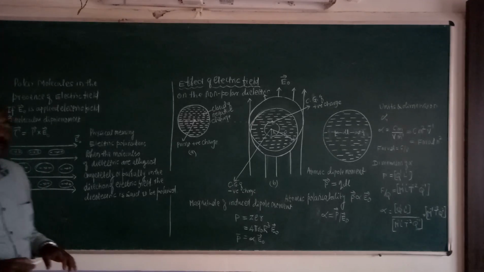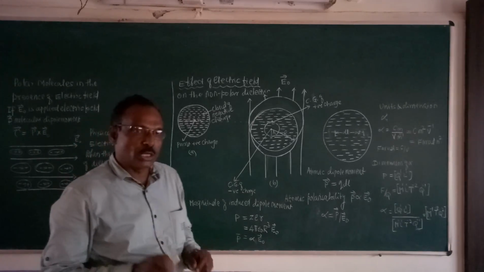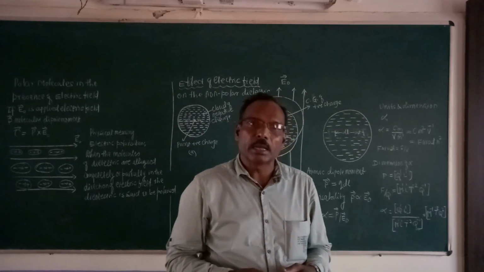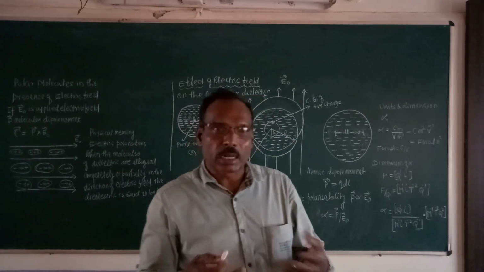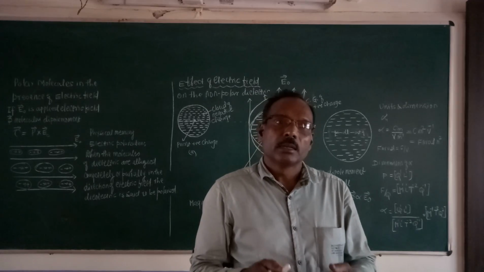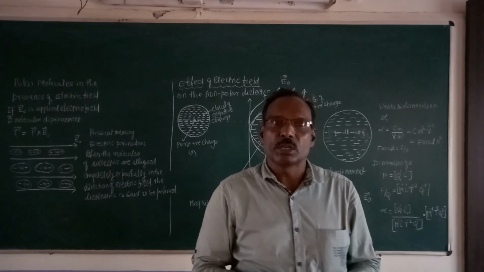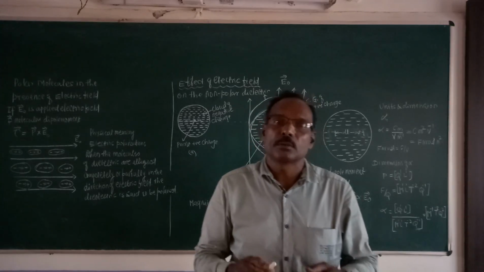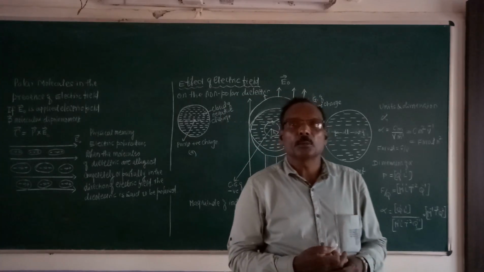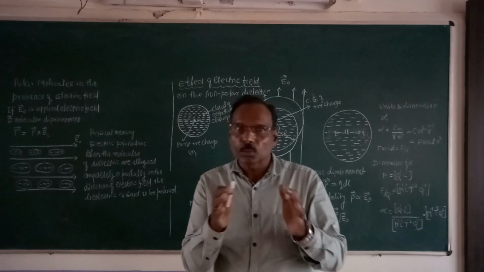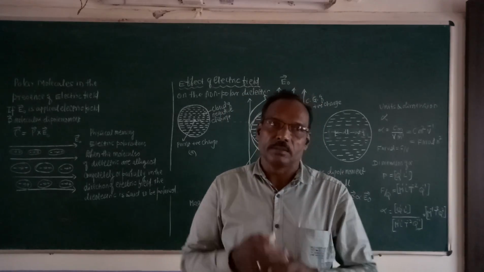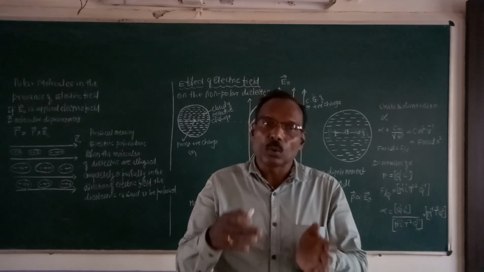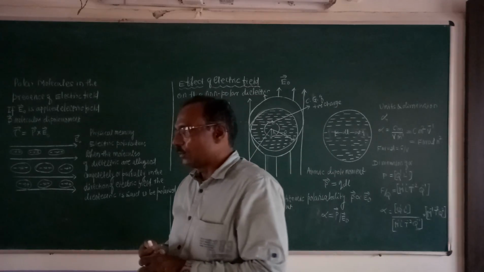We are familiar with the word polarization: polarization of light, the concept of polarizability, and different types of polarization, plane polarized light, elliptical polarized light, circular polarized light. This polarization doesn't mean only light.